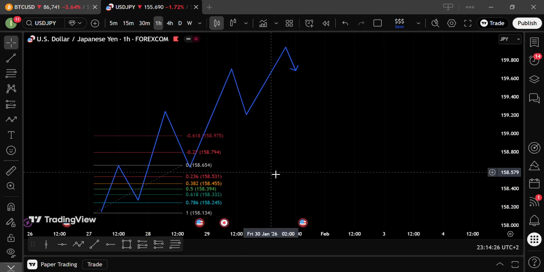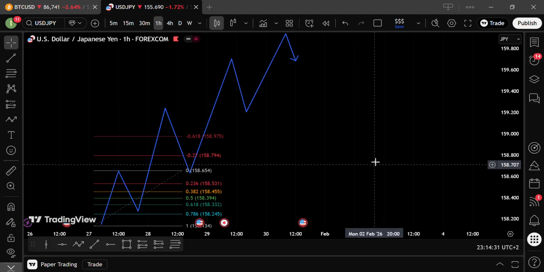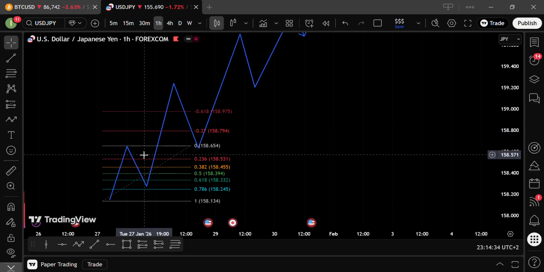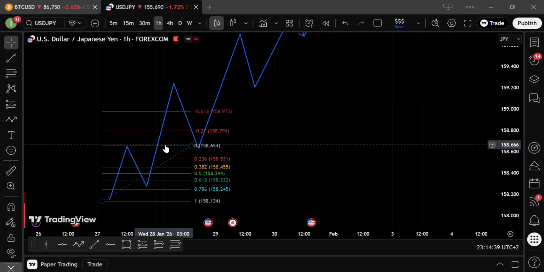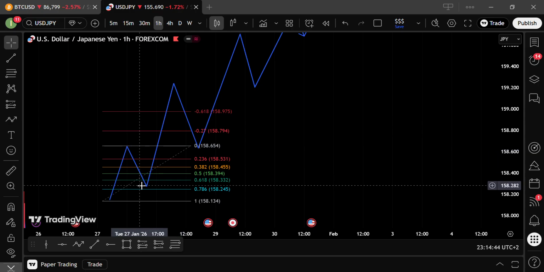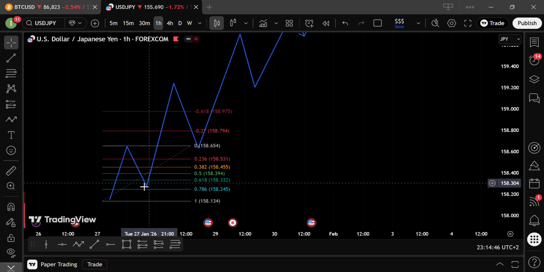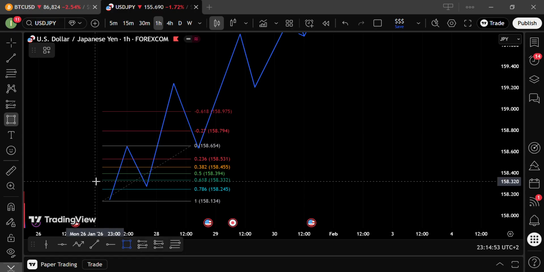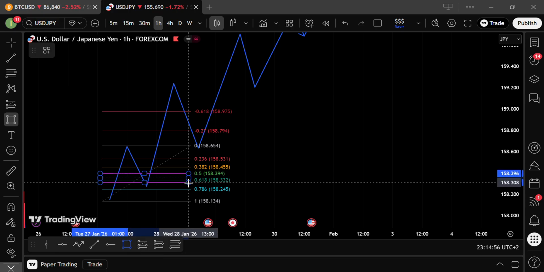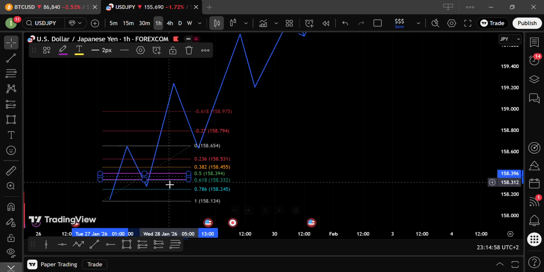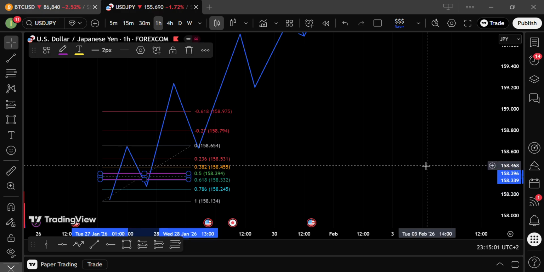So right here we have a bullish trend, and when the bullish trend makes a pause or a retracement, which is going to be this part right here, once the price stops around maybe 50% and 60%, which are called the golden ratio levels, this is the golden ratio area right here.